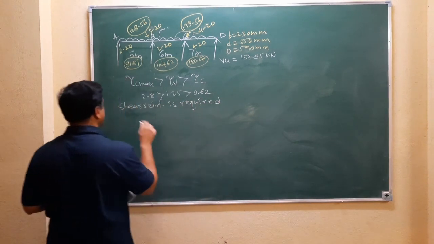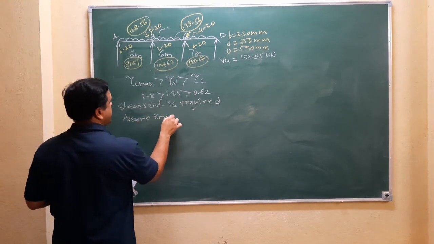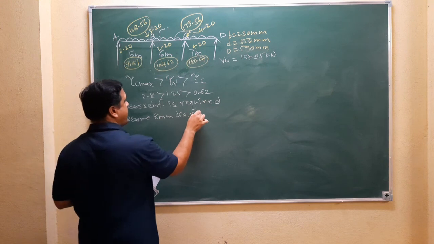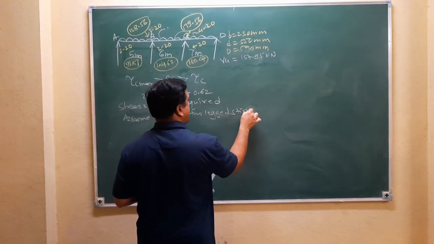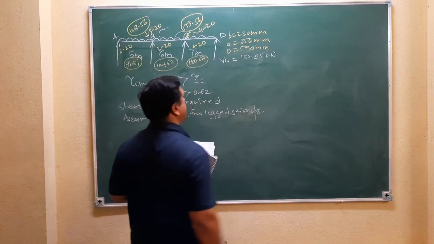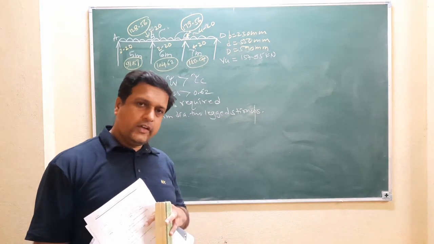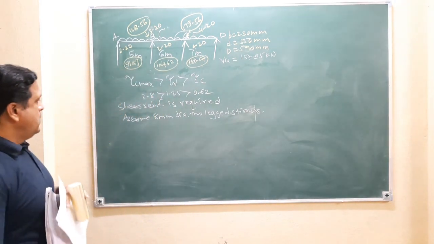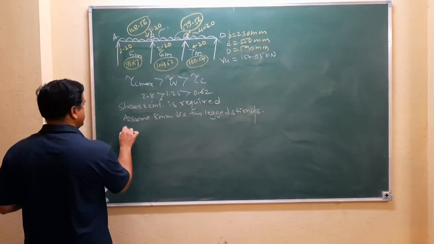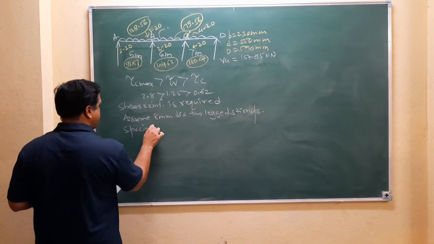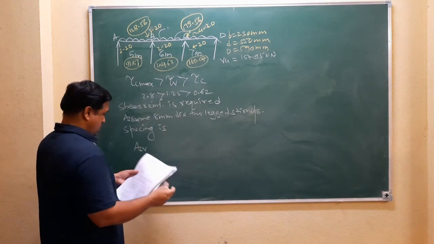So directly assume 8 mm diameter two-legged stirrups. Now the spacing: that is the Asv.